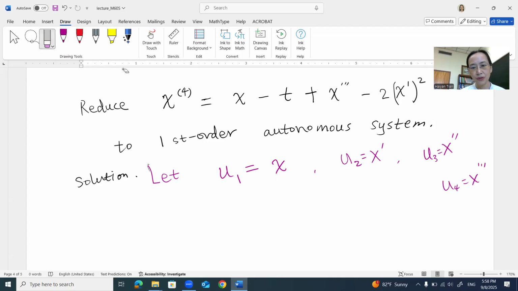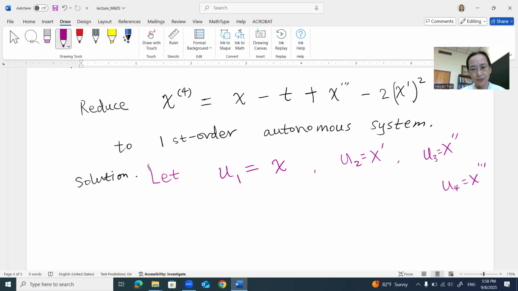So this is just to have consistency in the notation. You see this, if the original function X is called U1, then the first derivative we name it as U2, the second derivative we name it as U3, the third derivative of X is named as U4. So it's just for consistency.